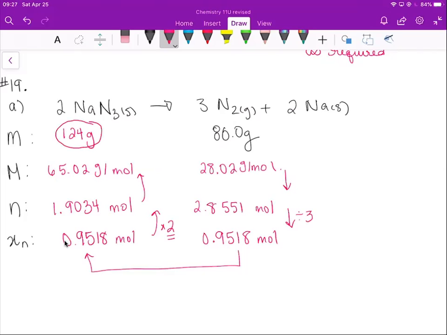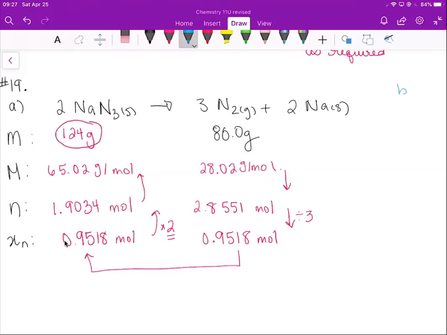If I said go and get 124 grams of something, you get an electronic balance, you'd weigh it out. And just think about the calculation that we just did. We said we require 80 grams of nitrogen gas to be deployed in our airbag. We did the calculations, and now we know in that airbag we have to put 124 grams of sodium azide.